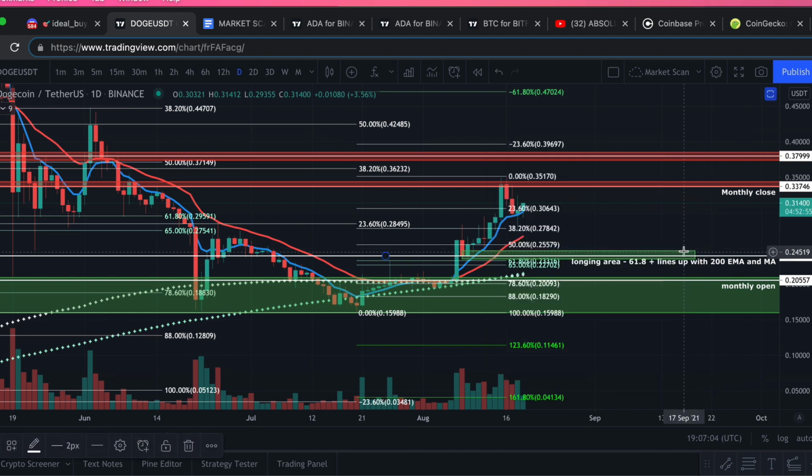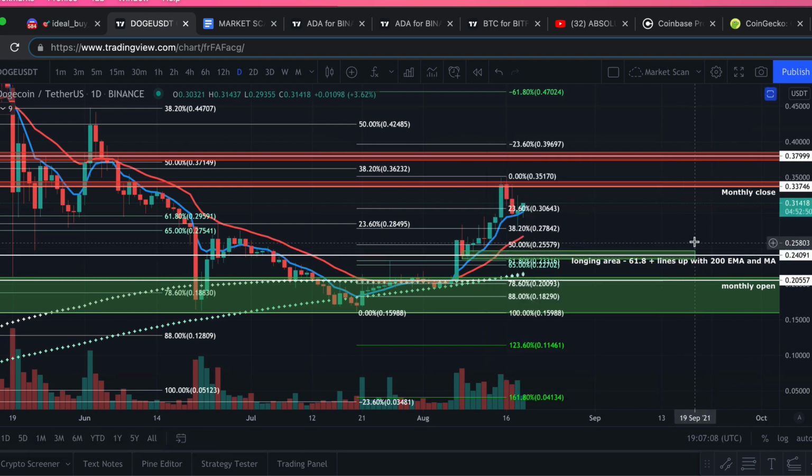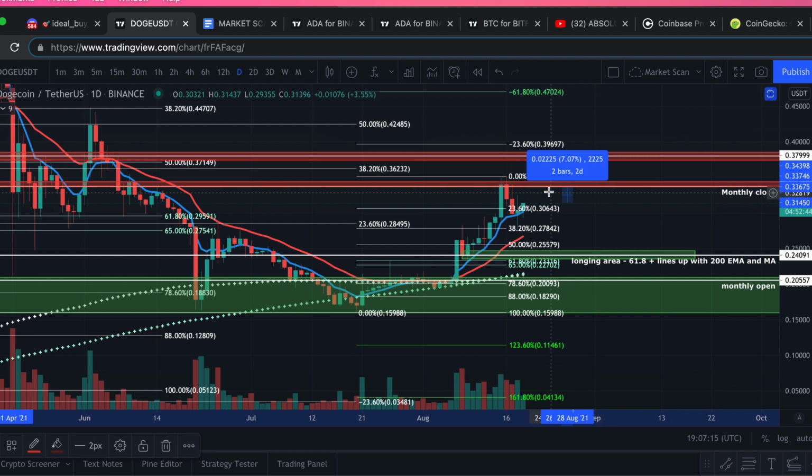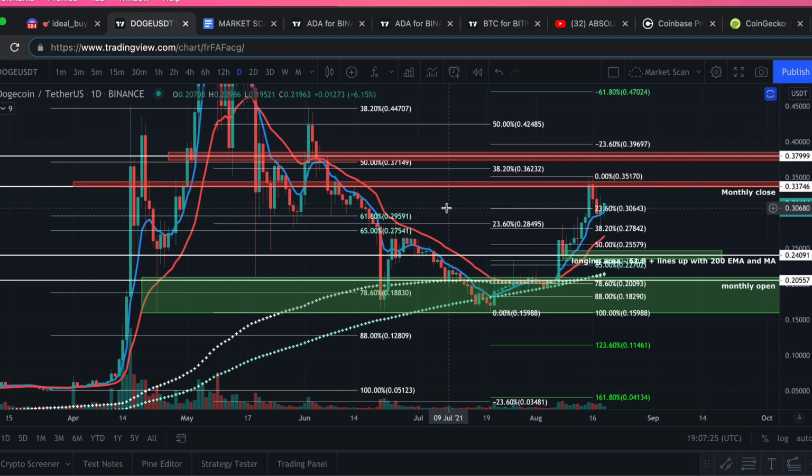So this is definitely the area to long, like right here. If it comes down here, it's only like 6% or 7% away from the monthly close resistance level. So I'm just not going to long it again from here because, man, it's tough.